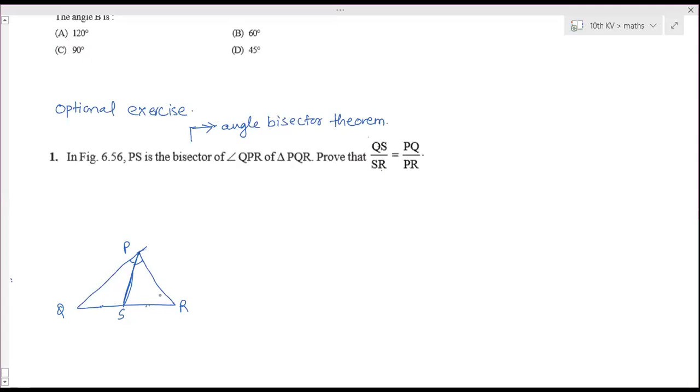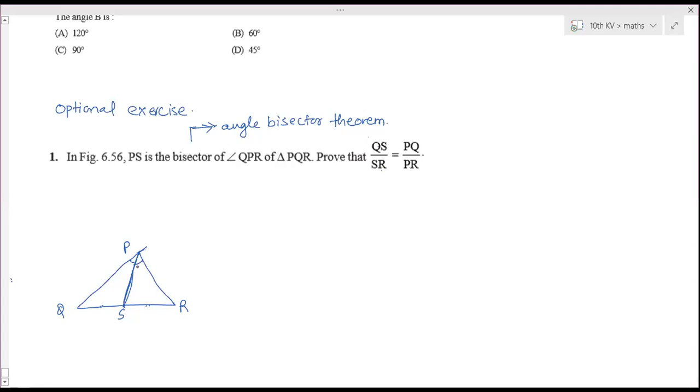In this triangle, if one of the angles is bisected, if you draw the angle bisector, then the bisector divides the opposite side in the same ratio as the sides which include that angle.